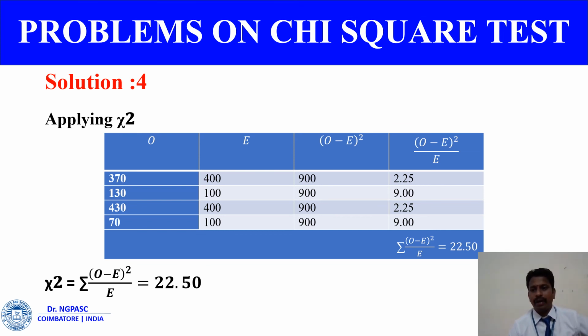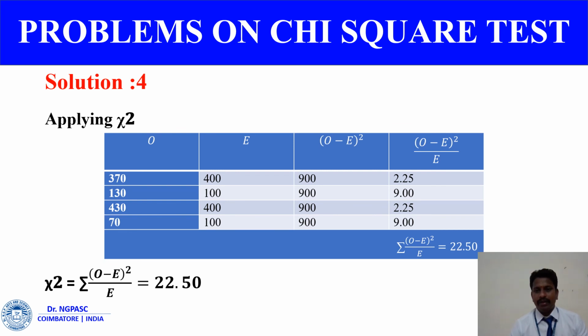Next, to calculate (observed frequency minus expected frequency) whole square by E. 900 divided by 400 equal to 2.25. 900 divided by 100 equal to 9. 900 divided by 400 equal to 2.25. 900 divided by 100 equal to 9.